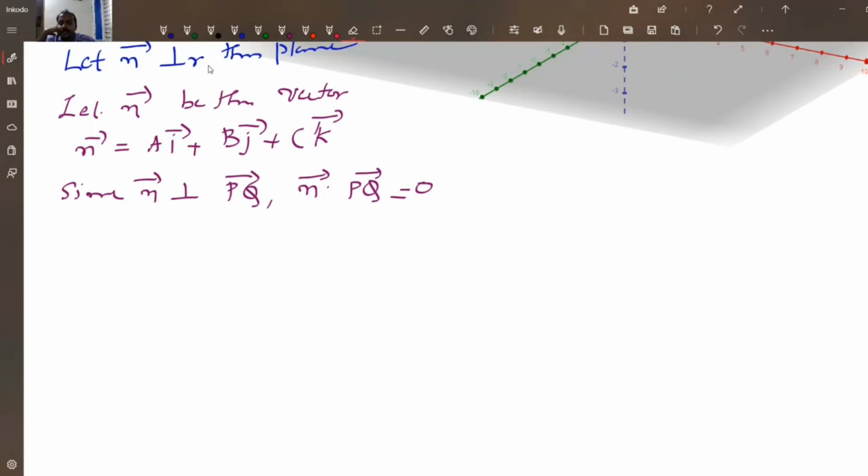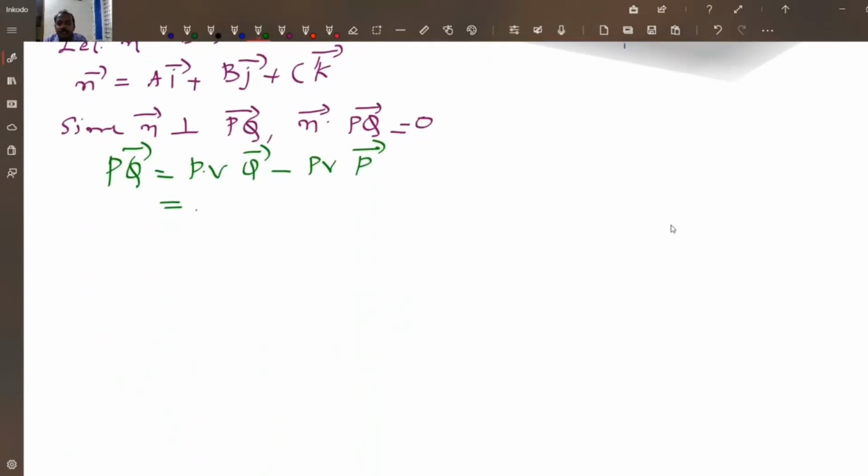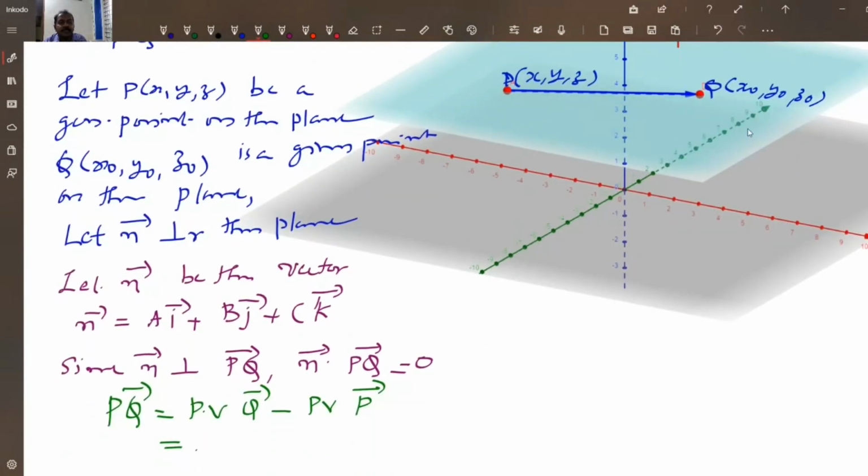Vector PQ is position vector of Q minus position vector of P. Position vector of P is a vector starting from origin to this point, and position vector of Q is a vector starting from origin to this point. So position vector of Q is x naught i plus y naught j plus z naught k.